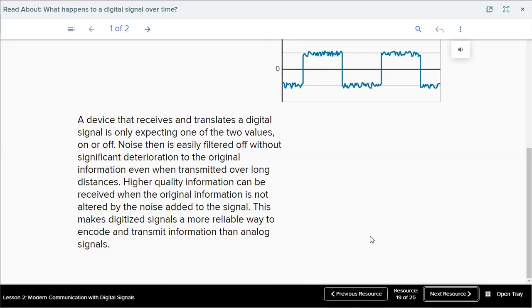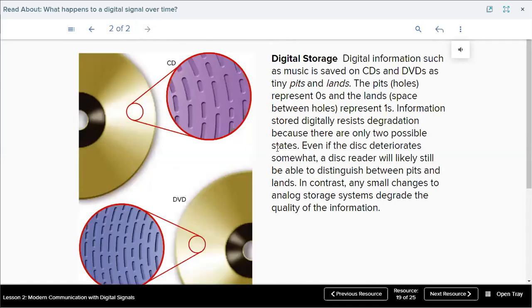Higher quality information can be received when the original information is not altered by the noise added to the signal. This makes digitized signals a more reliable way to encode and transmit information than analog signals. And this is CD and DVD, about digital signals and how they can transfer the signals.